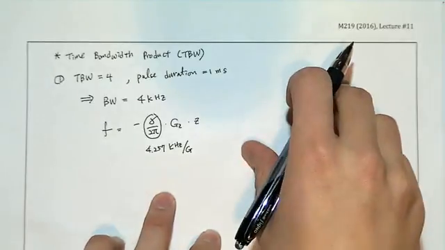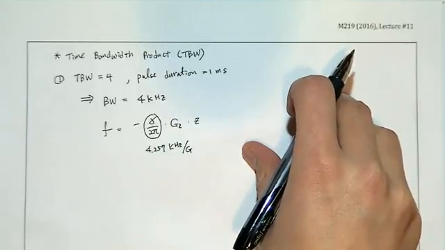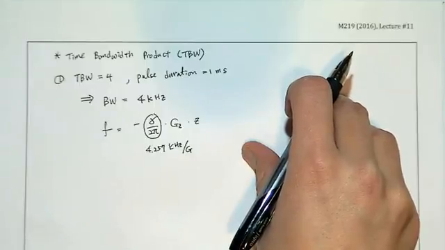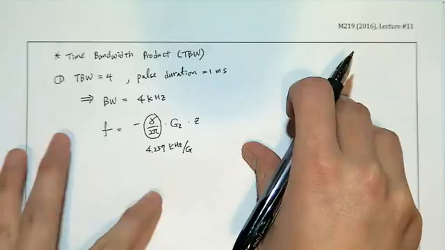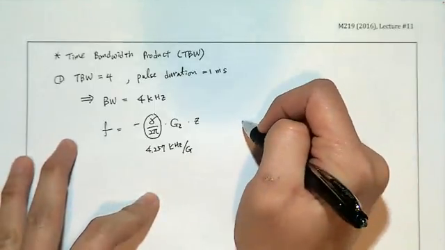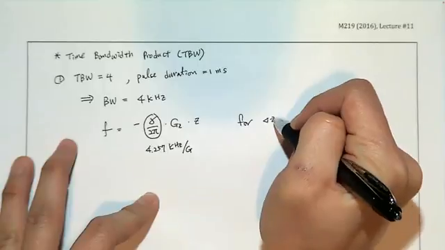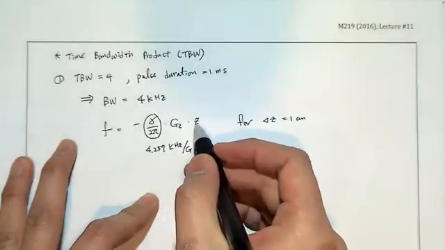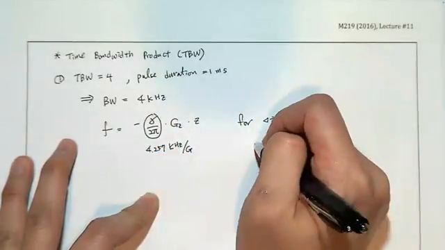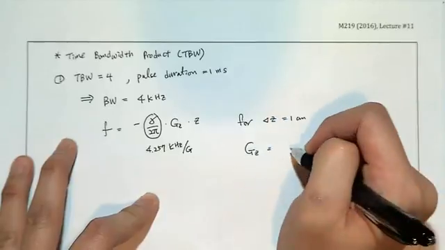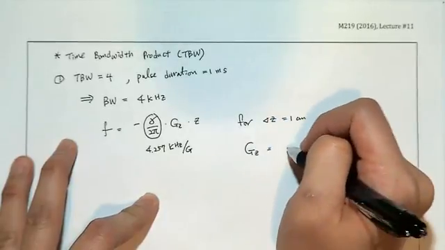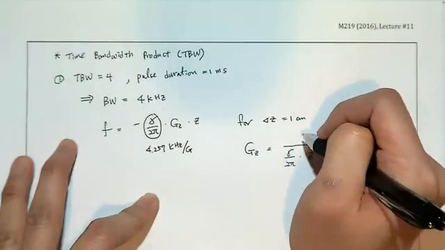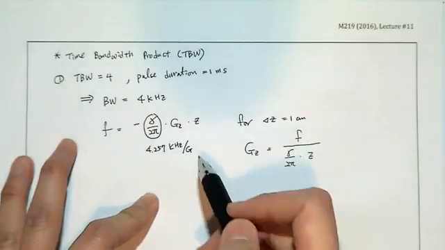So let's just assume we want to have 1 centimeter slice thickness. Then what will be the required gradient amplitude for a given RF bandwidth? So if you want to have delta z to be 1 centimeter, then I'm just rewriting this equation.